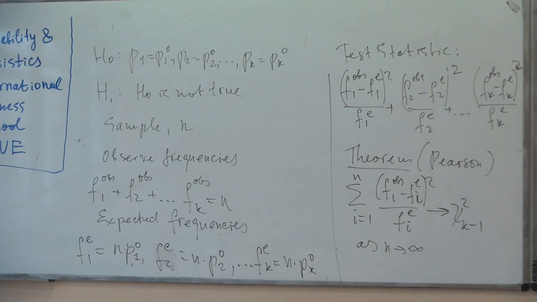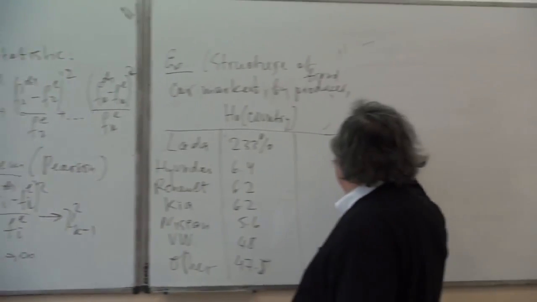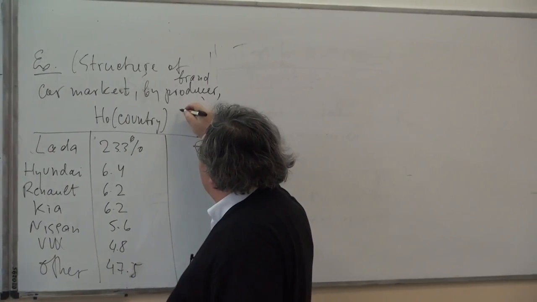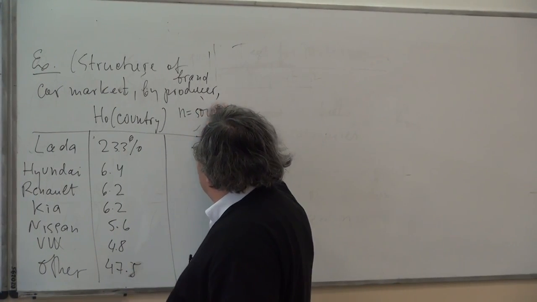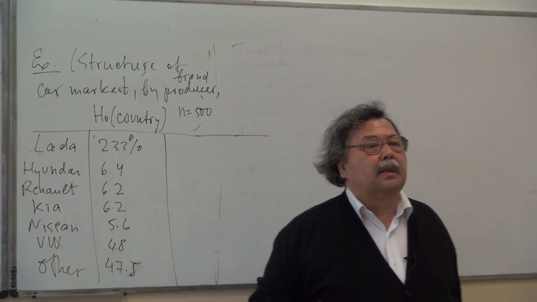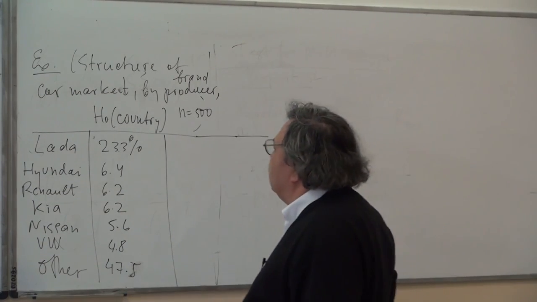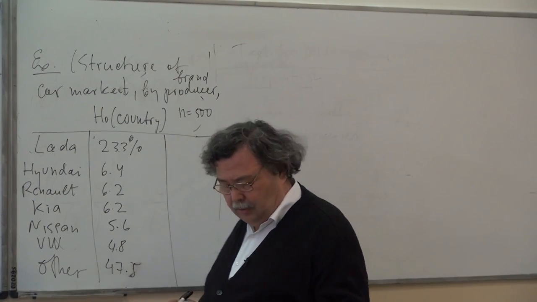Okay. Well, and then we do this. We take a sample, n equals 500. Suppose we interview 500 car owners in this region and find out the brand of the car that they use.